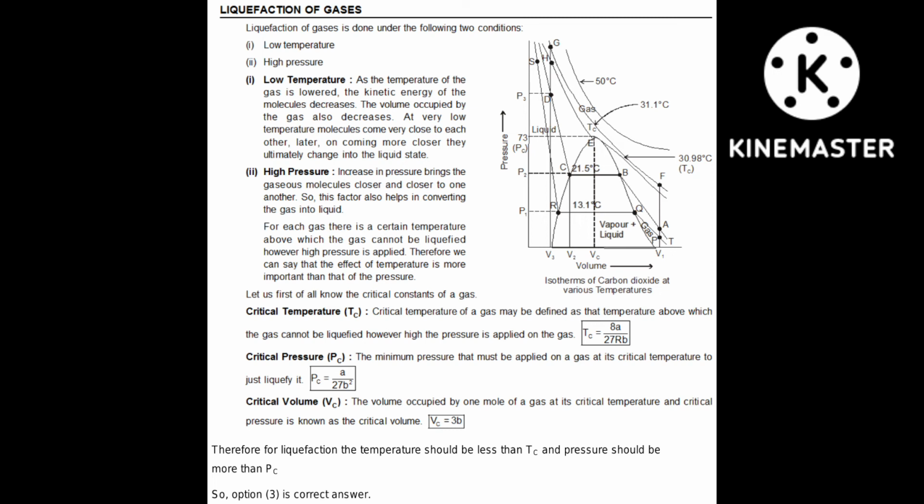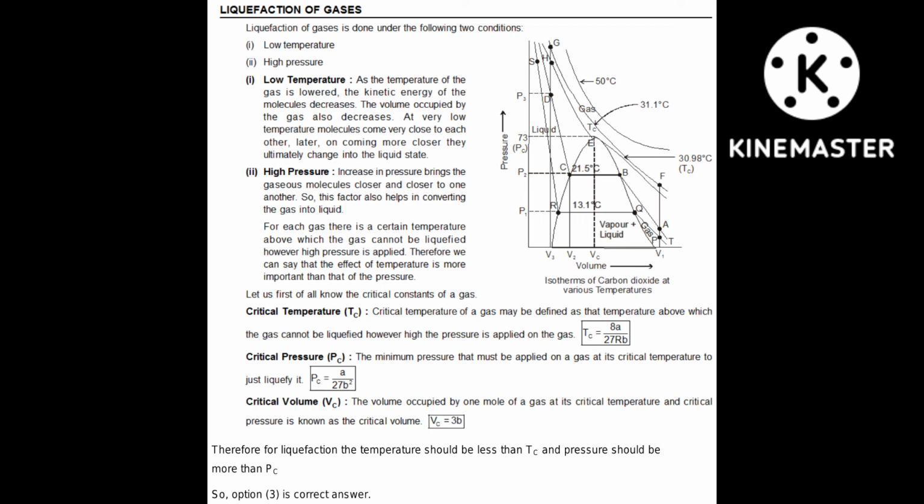Okay, at constant temperature along the isotherm, meaning 31.1 degree centigrade, the pressure will increase.